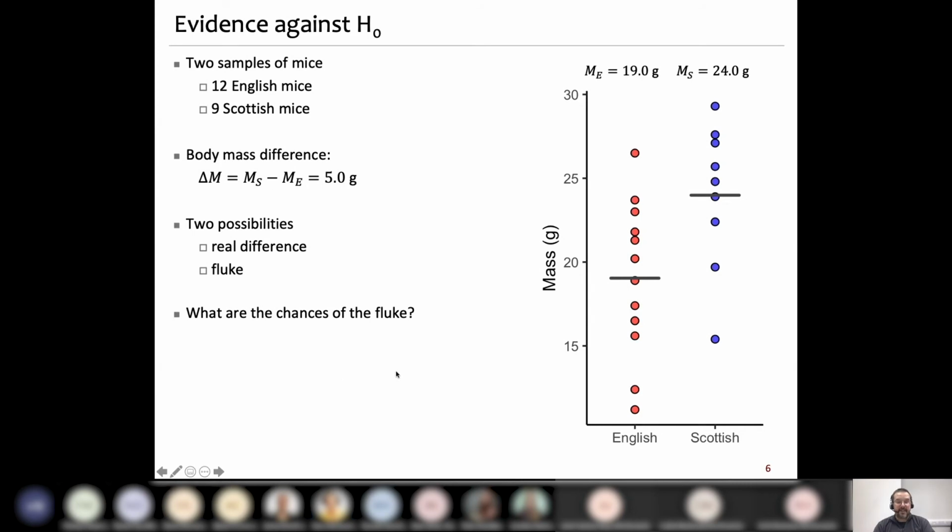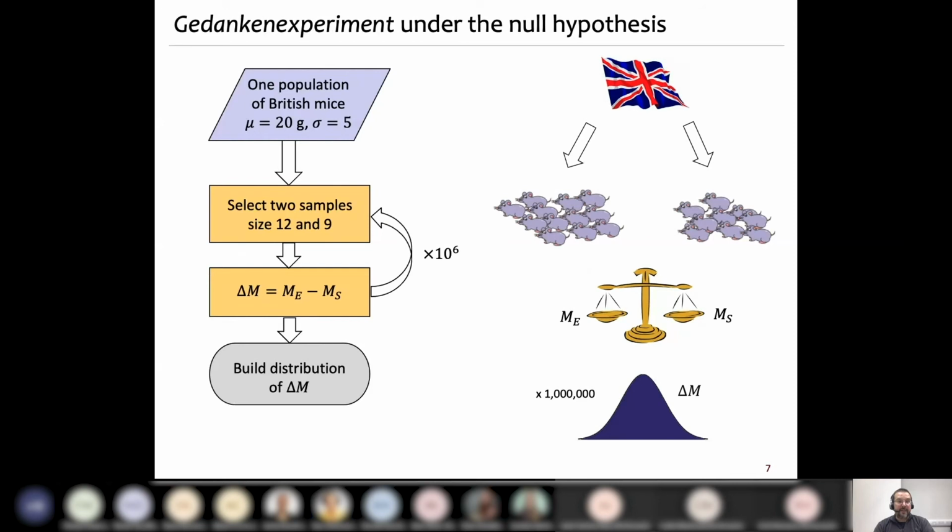What are the chances of having this fluke, of having this large body mass difference purely by chance? Well, we can do another Gedanken experiment, and we do it under the null hypothesis, which means that we assume in this experiment that the null hypothesis is true.